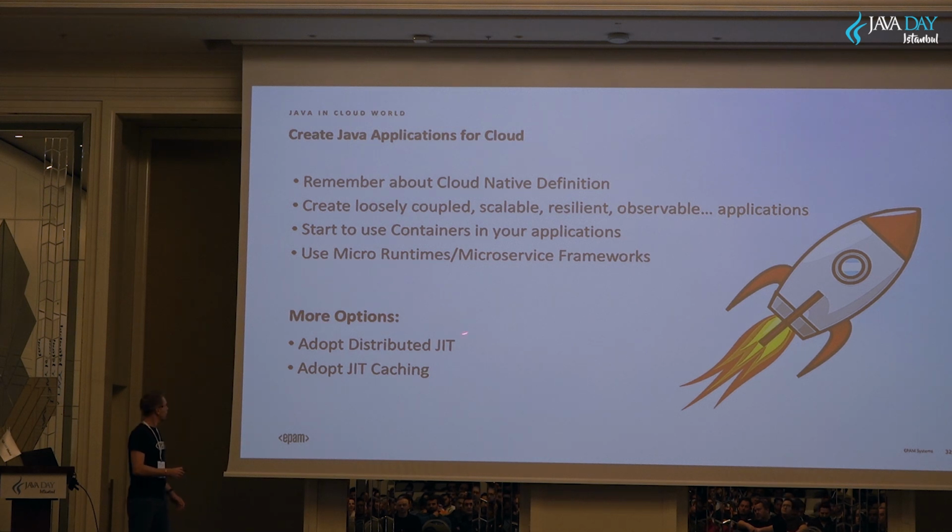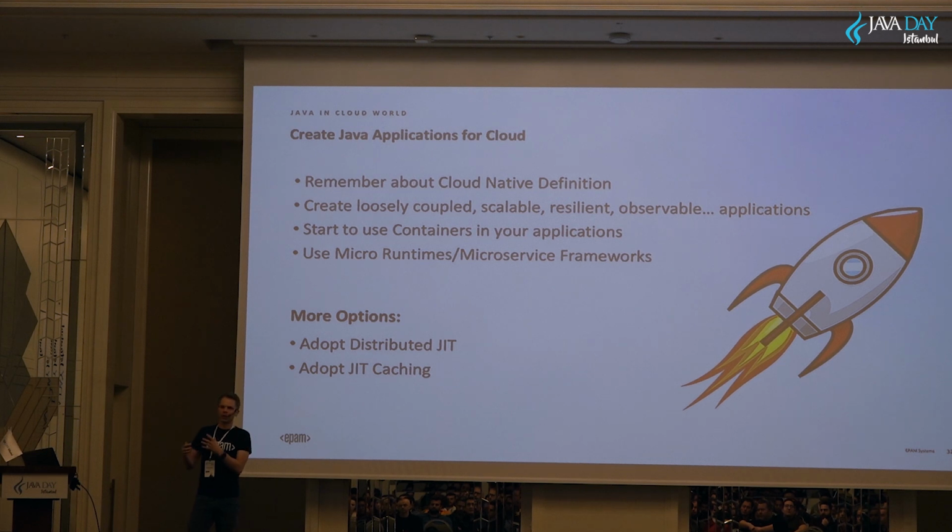The idea of these approaches is that the Java community, Java contributors, came up with an idea: what will happen if we take some processes from the JVM and move them to the cloud, and start to use them as a service, as we, for example, use an S3 bucket in AWS if you need some big storage or another service.